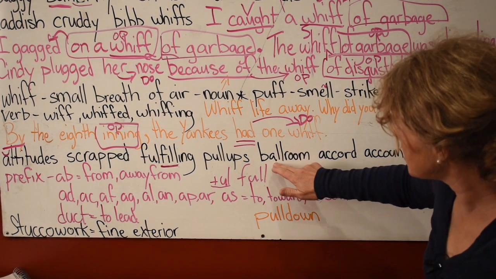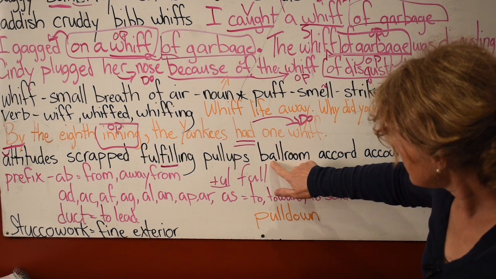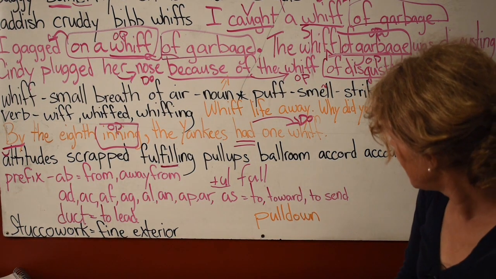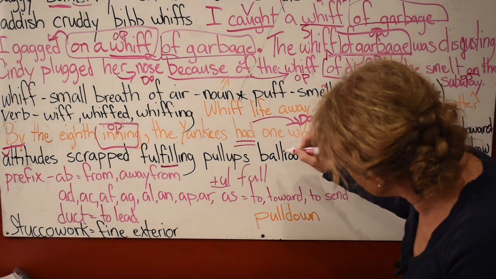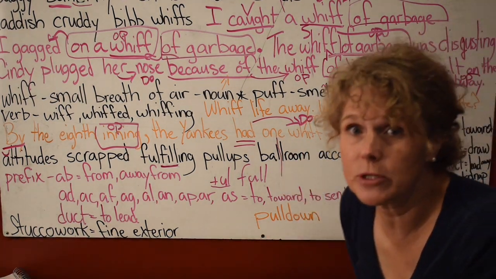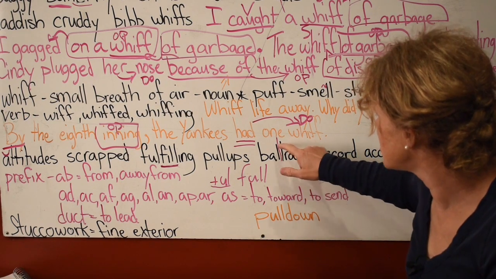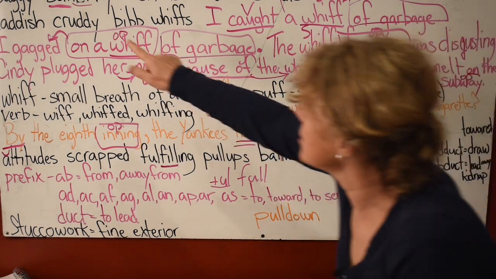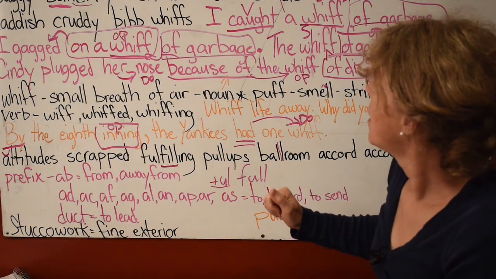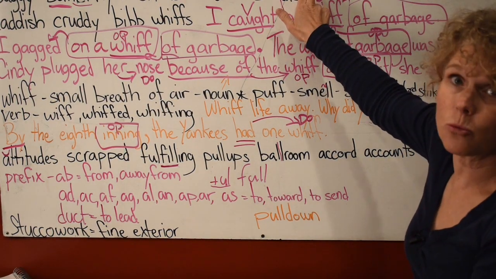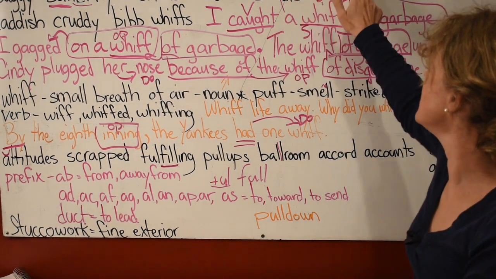Okay, so this one, look, it has three vowels. Do we just break it right between the consonants? No, not in this word. That's why butterfly we do, bottle we do, but we don't do it when it's this kind.